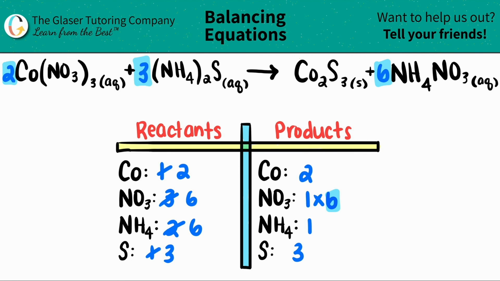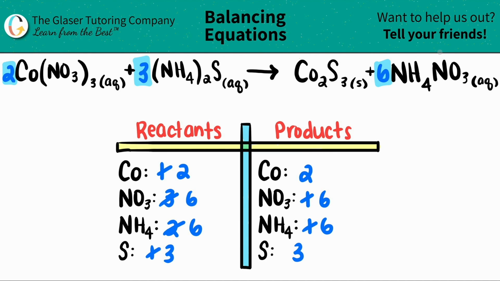So there we go. And now let's see, we have to distribute. I have 6 total ammoniums and 6 total nitrates, so both of these are going to get canceled off, and we're going to put a 6 there.